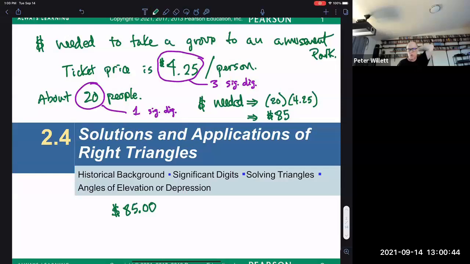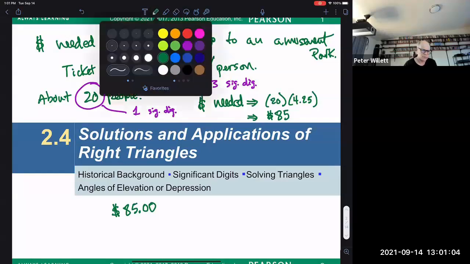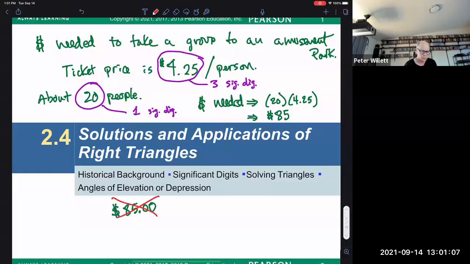The 20 was just the closest we could guess to the right answer. So it's silly to suggest that our accuracy would be down to the nearest penny, when in actuality, we don't even know how many tickets we have to buy. So this doesn't make any sense. So you could say, all right, well, let's say we just go down to the nearest dollar. Or how do we decide how far we need to go? That's what significant digits tries to help us with.